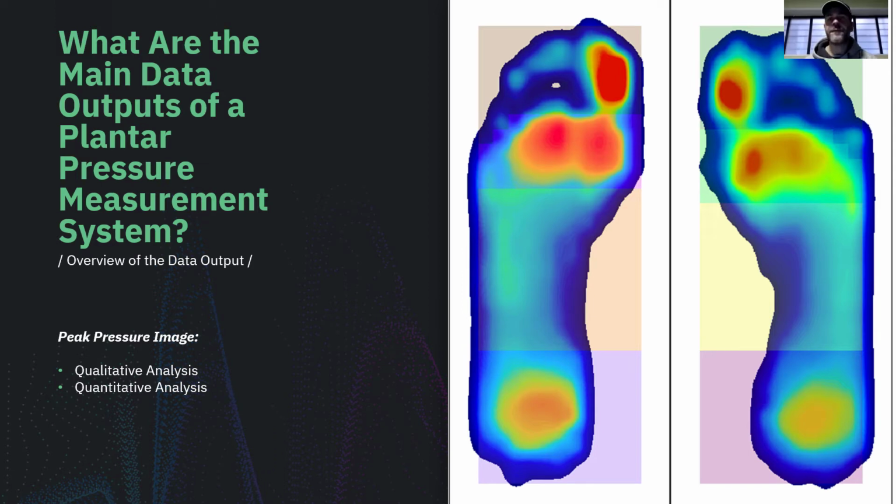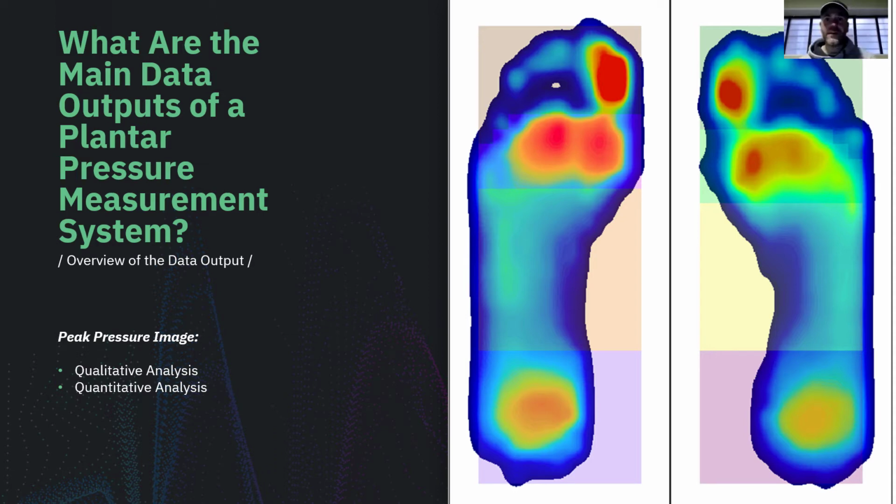Starting with the first type of data set, called the peak pressure image. The peak pressure image is the first step in plantar pressure measurement technology. It is the first step to take when starting to assess a player or an athlete with plantar pressure measurement.